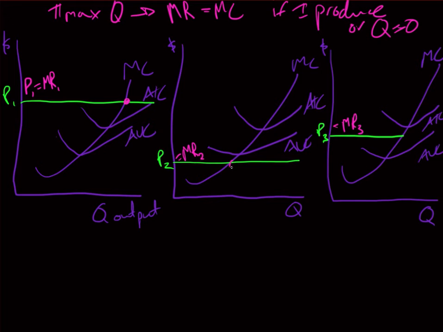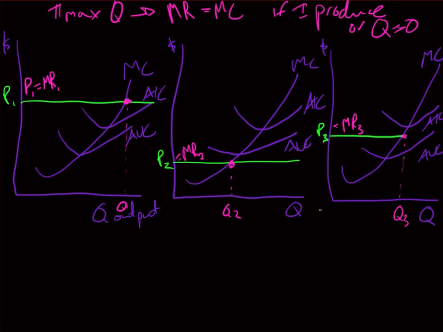So all these 3 points where marginal revenue, based on the price that we're facing, intersects with this marginal cost curve, will yield the profit maximizing quantity if we choose to produce. So I could find this point here and say this would be my quantity, this would be my quantity, and this would be my quantity if I choose to produce.